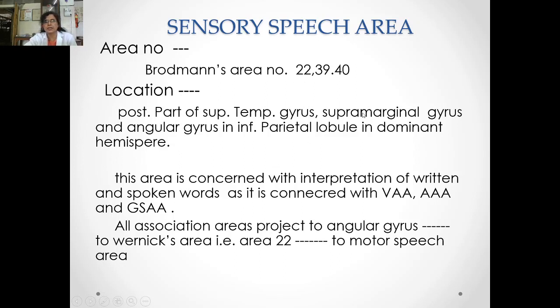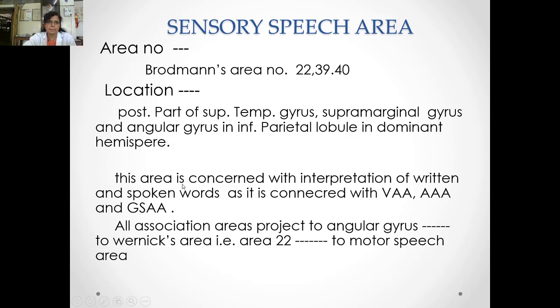It is also present in the supramarginal gyrus, area number 40, and the angular gyrus, area number 39. Areas 39 and 40 are present in the inferior parietal lobule in the dominant hemisphere, because the supramarginal gyrus and the angular gyrus are present in the inferior parietal lobule.